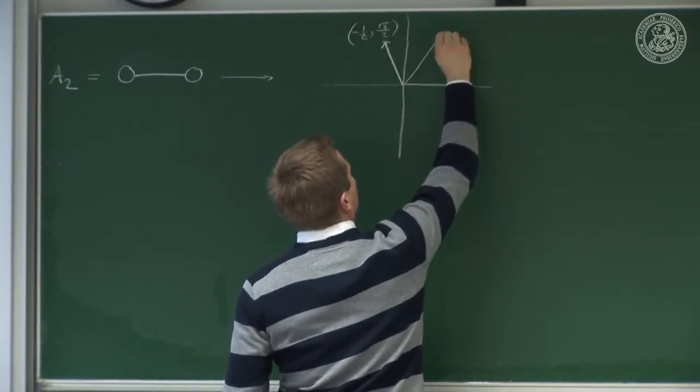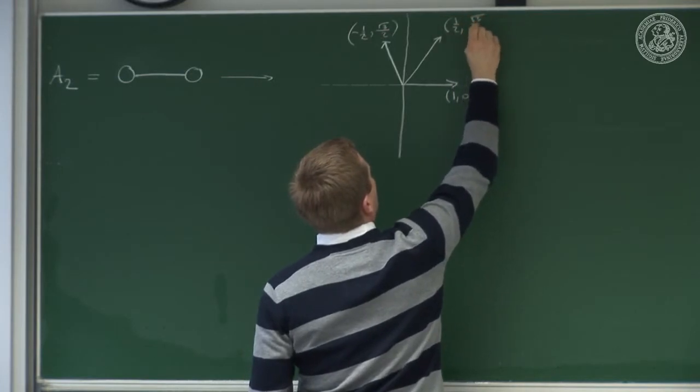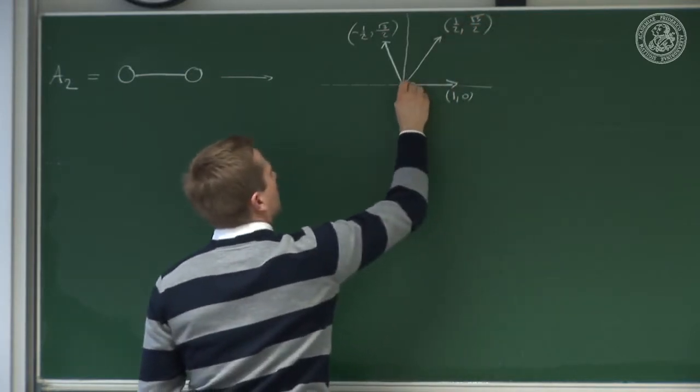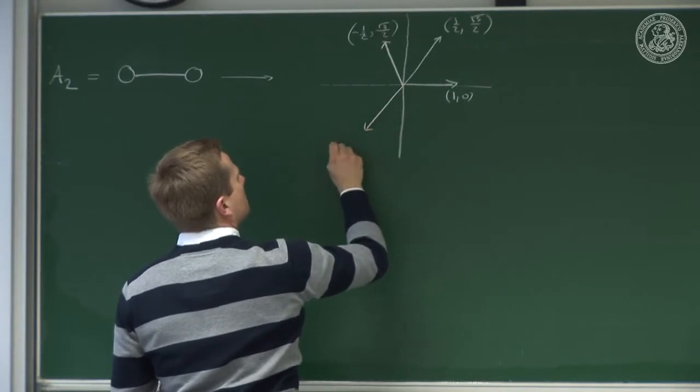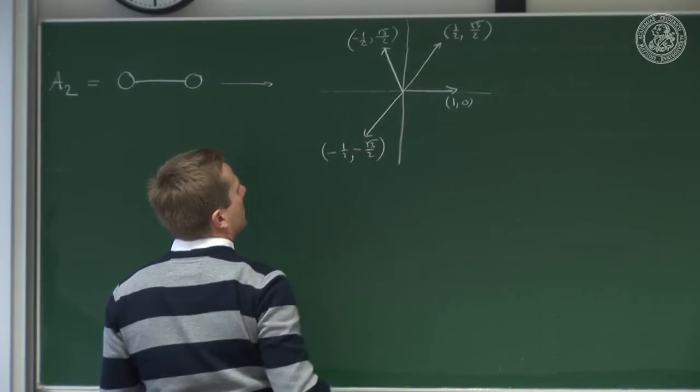But by repeated action of the Weyl group, we also got (1/2, √3/2), as well as (-1/2, -√3/2).